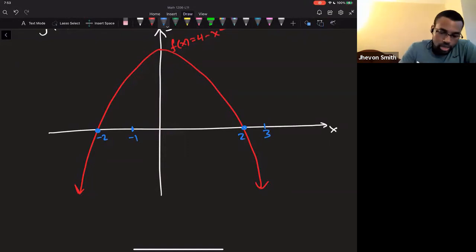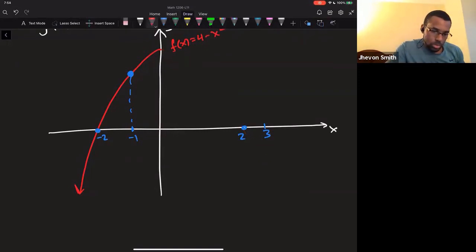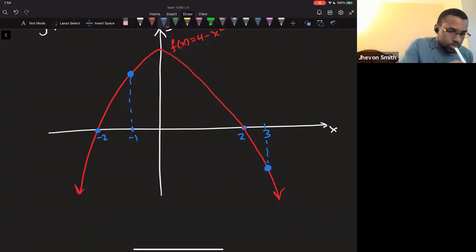And so I'm moving from this point to, not drawn to scale, obviously, this point here, right?